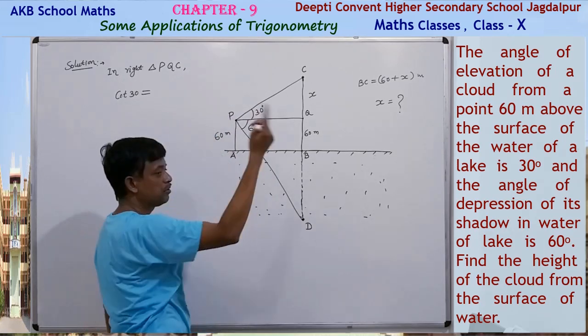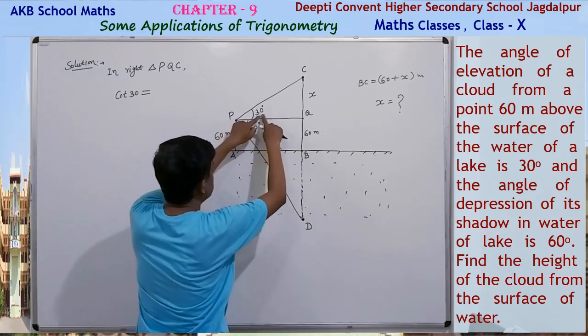Cot means base by perpendicular. If this is 30, then this is the perpendicular.